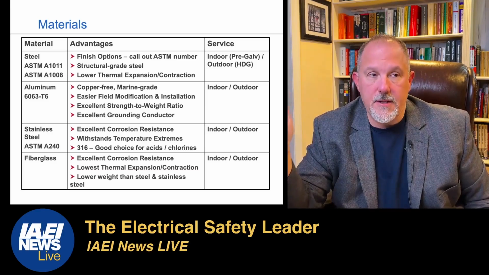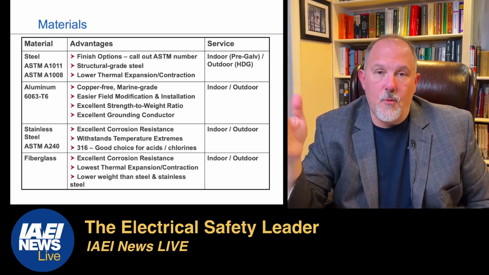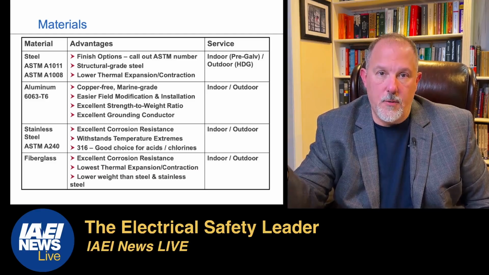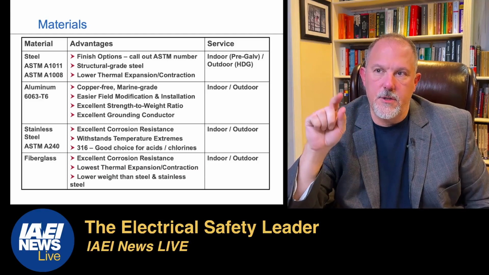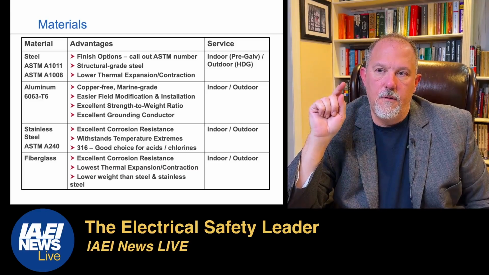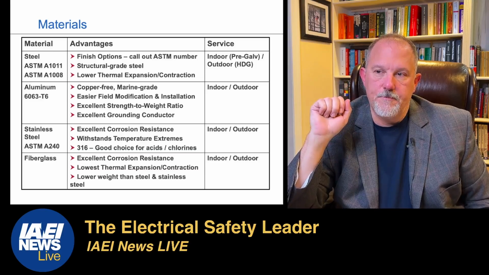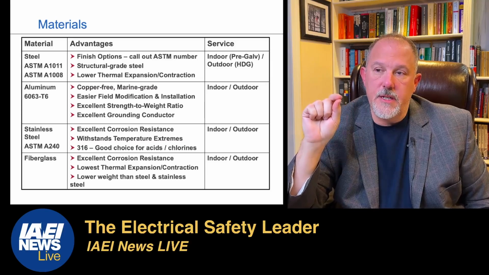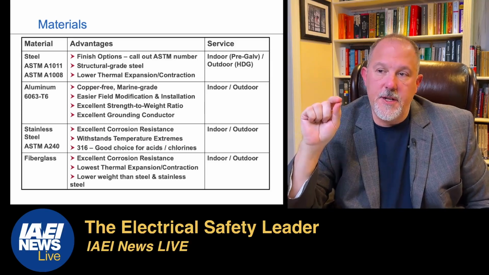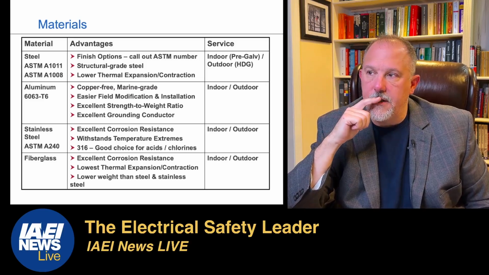I mean, call me Captain Obvious here, but you've got to think about where this equipment is going, and then that will help you select the right materials for your cable tray. So stainless steel, really good at corrosion resistance and temperature extremes, acids and chlorine, etc. So you have those for both indoor and outdoor applications.